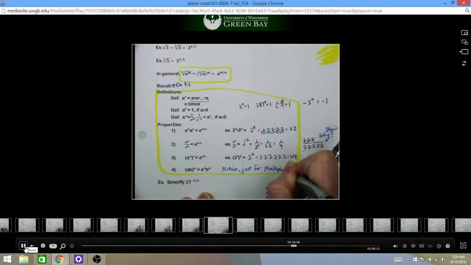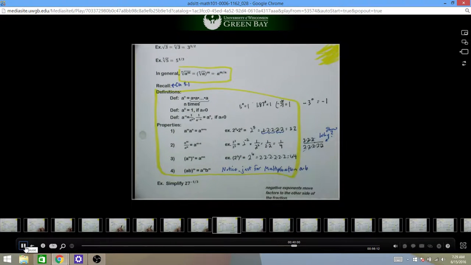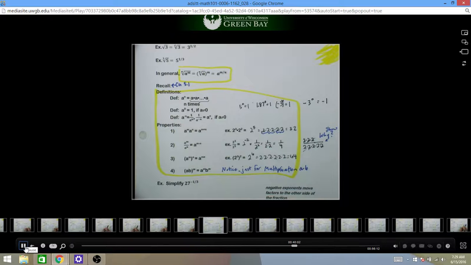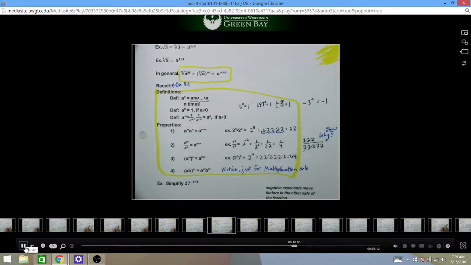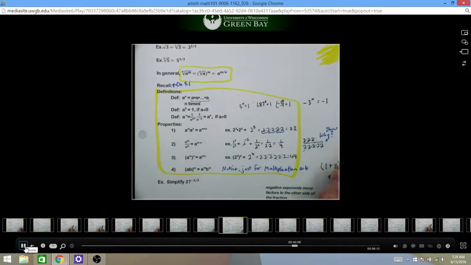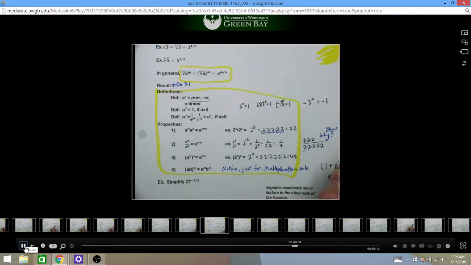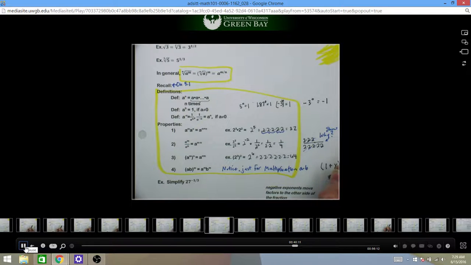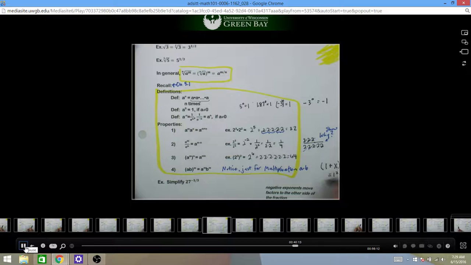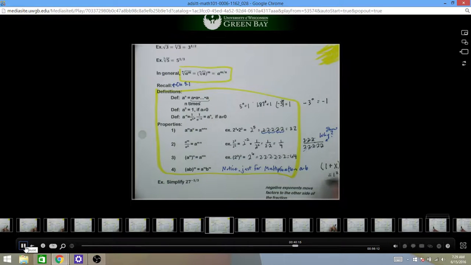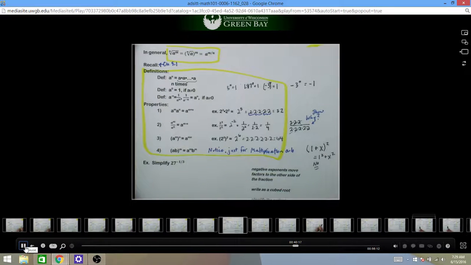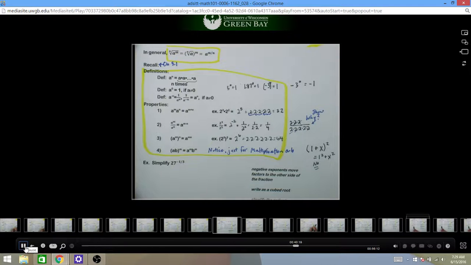I get a lot of students who, in Math 104, take 1 plus x squared and they say that's 1 squared plus x squared. Okay, that's not true. 1 plus x squared is 1 plus x times 1 plus x. And then you have to use FOIL and multiply that all out.